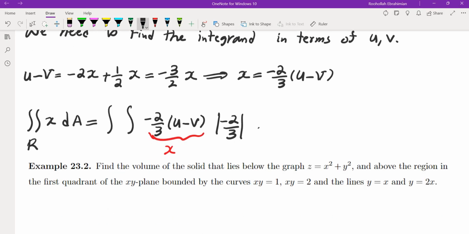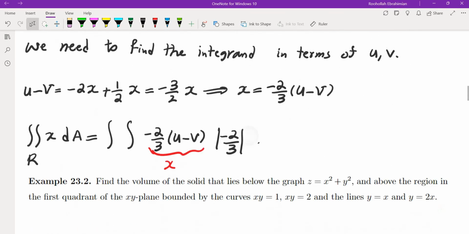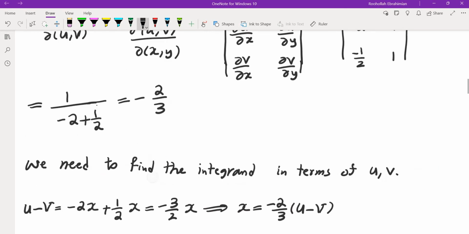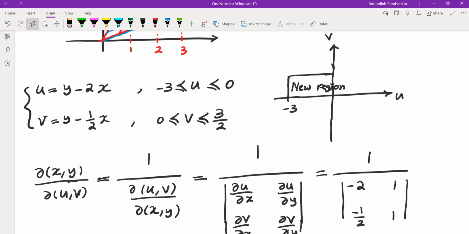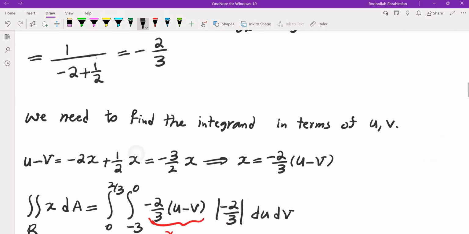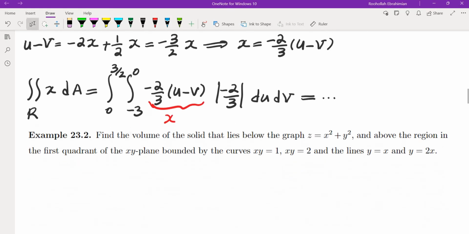And then the region in the UV plane is a rectangle, so we could just simply do du dv or dv du. Both of them are going to work. So what are the limits of u? -3 to 0, and limits of v are from 0 to 3/2. Okay, and finally we'll have to evaluate this integral. This is a pretty easy integral to evaluate.